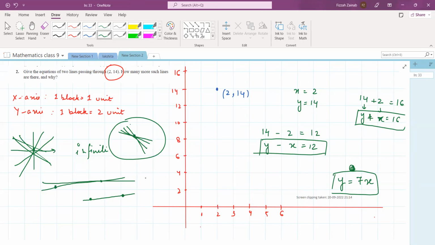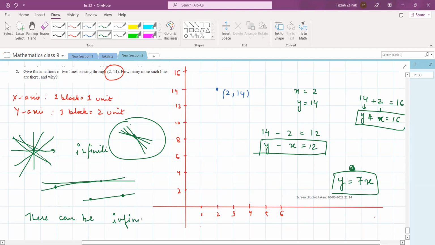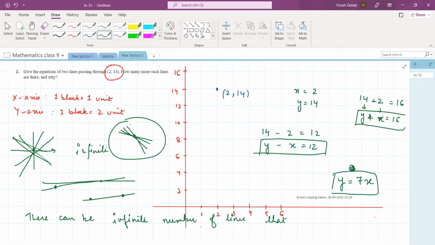Understand? Yes, ma'am. So you will write: there can be an infinite number of lines that can pass through that point.